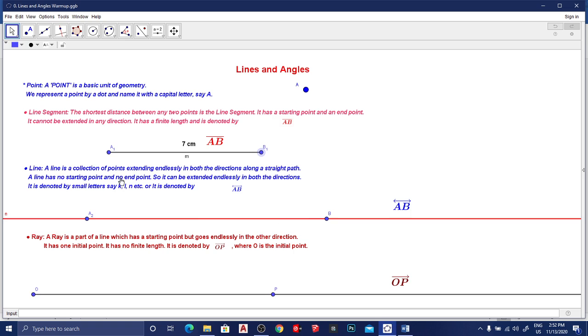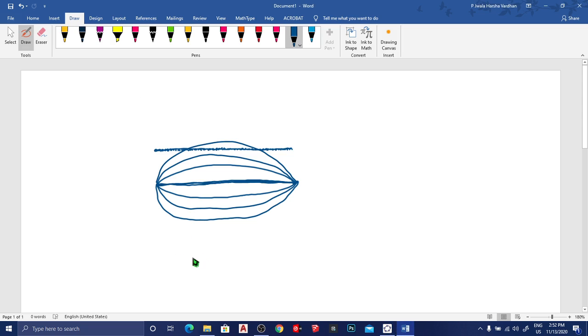Here it is going to the right side, and here I am extending this to the left side using a collection of infinity number of points.